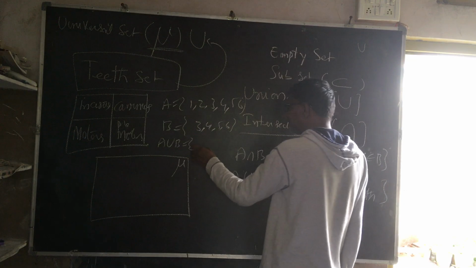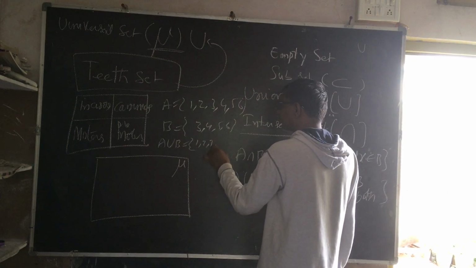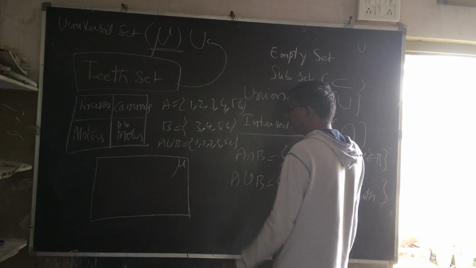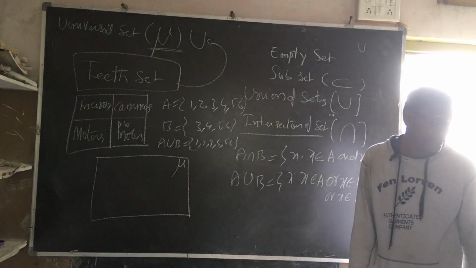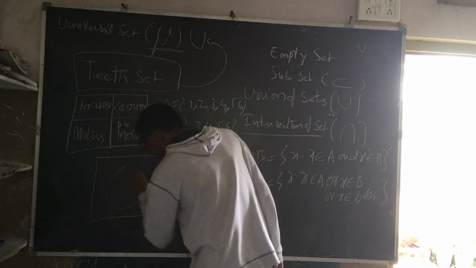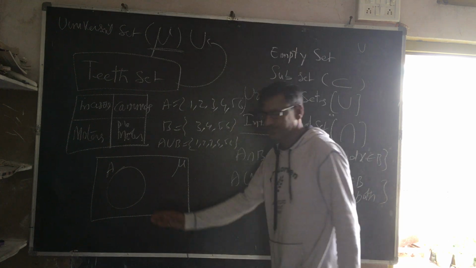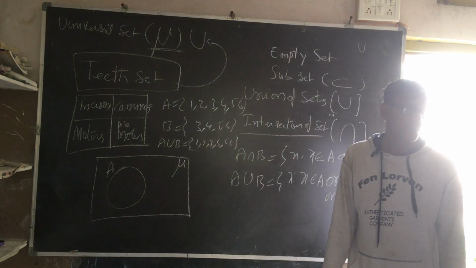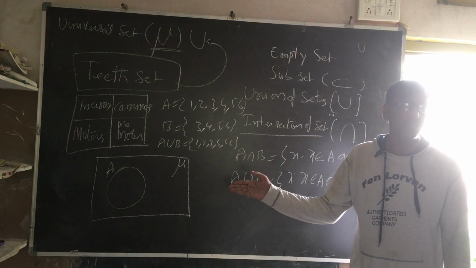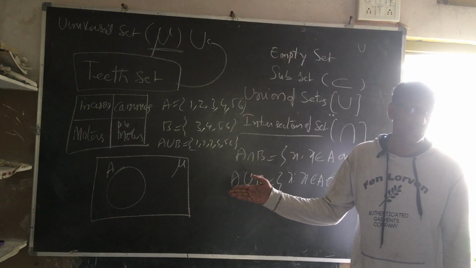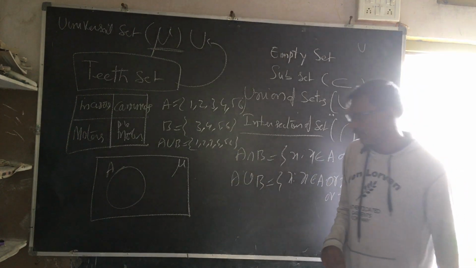That means you can write 1, 2, 3, 4, 5, 6. I gave a best example before, right? So you write down A as my set like this. A is a set we are using with diagrams. These are called Venn diagrams.